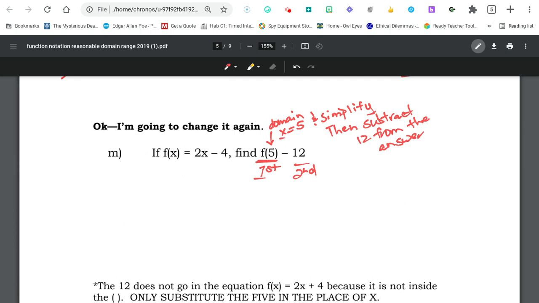So first of all, I'm just going to change every x to a 5 and find f of 5. So f of 5 is just 10 minus 4, which is 6. So I found f of 5, but it says after you find f of 5, you need to subtract 12.